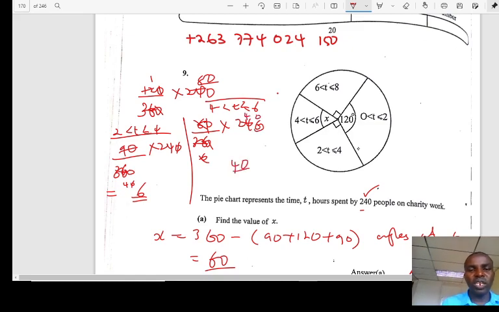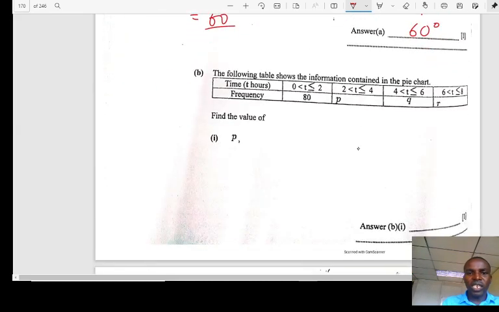So it's 6, 6, and 40, with 40 being 4 to 6. Right, if you add, you must get 240. So 80 plus 12 plus 132.